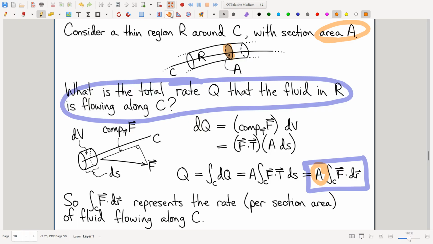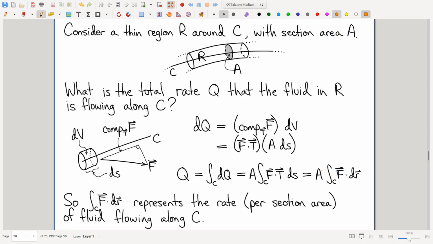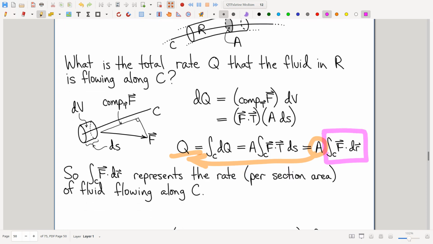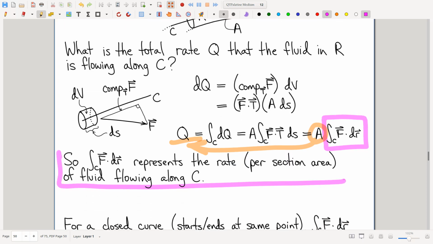And so per unit area, again, taking this, dividing it over here, per unit area, the answer is the line integral. And that's what I've got stated right here. The line integral by itself says how much fluid is flowing along the curve per unit area, of course. Does that make sense?